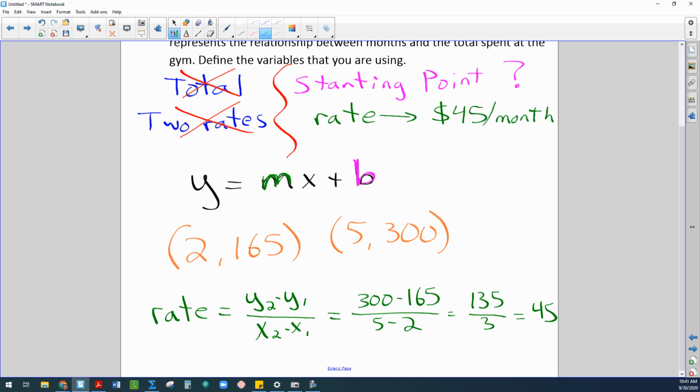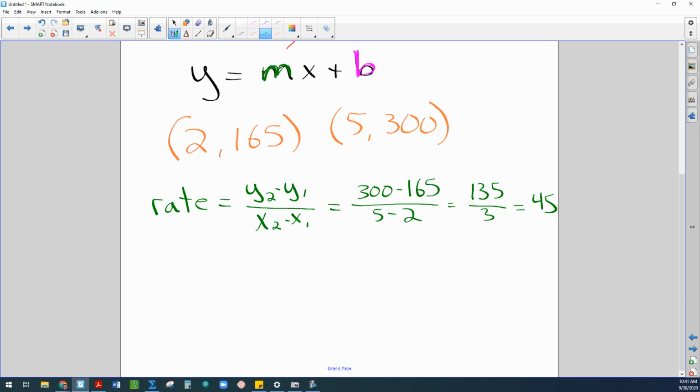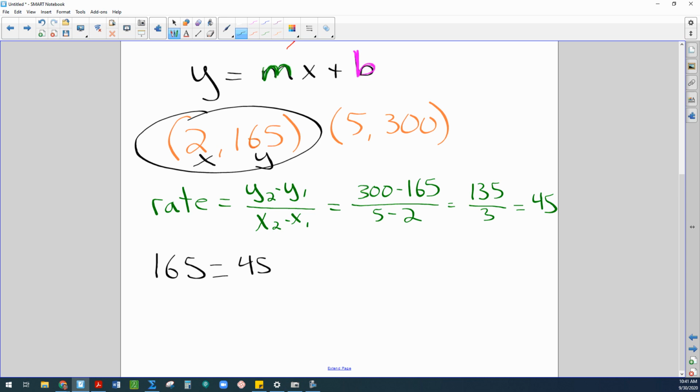So now I just need my starting point. To find my starting point, when I have a rate, I'm going to choose one of the points and plug in to my formula. So y equals mx plus b. 165 equals 45 times 2 plus b. 165 equals 90 plus b.